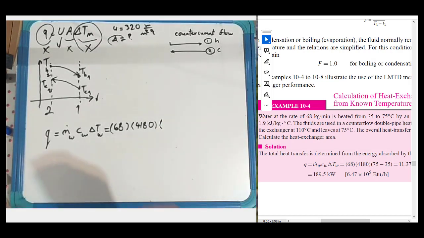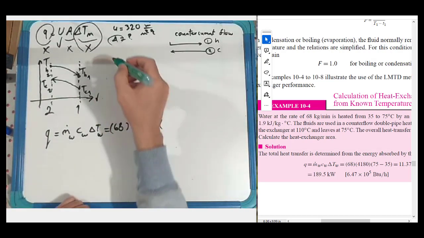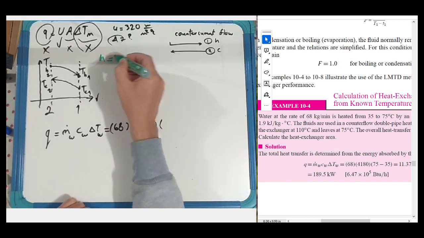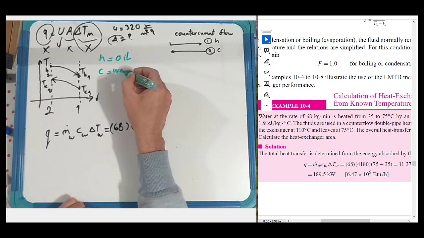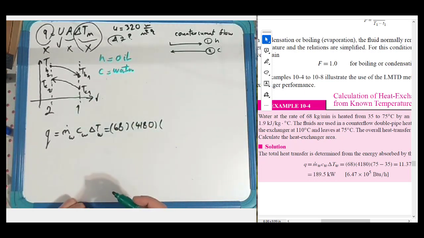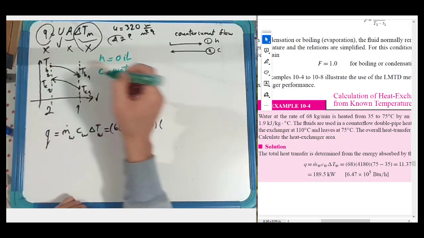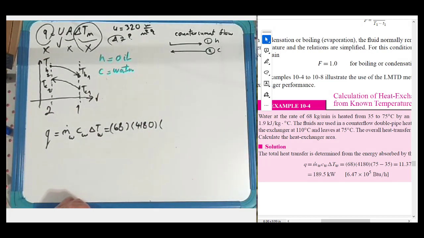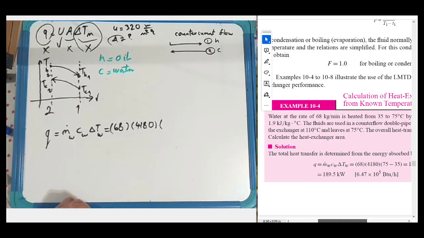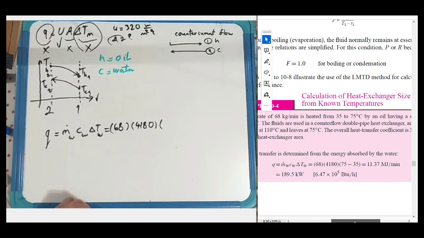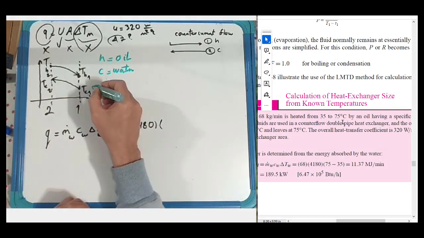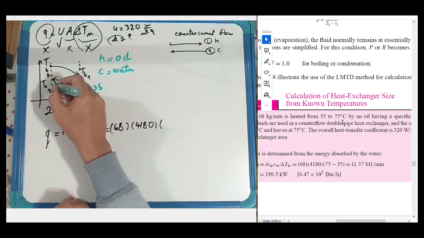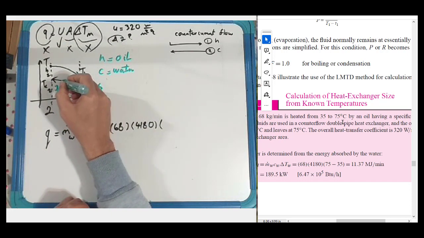H is for oil and cold is for water. We can see in the problem that water is heated from 35 to 75, so this is 35, here 75.